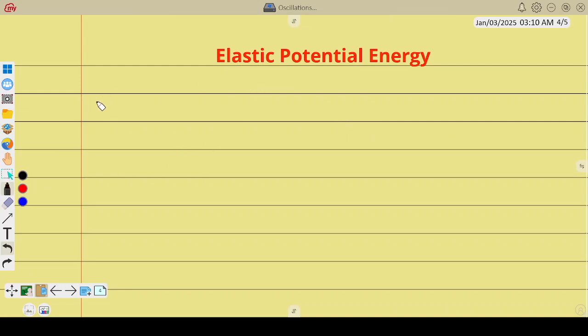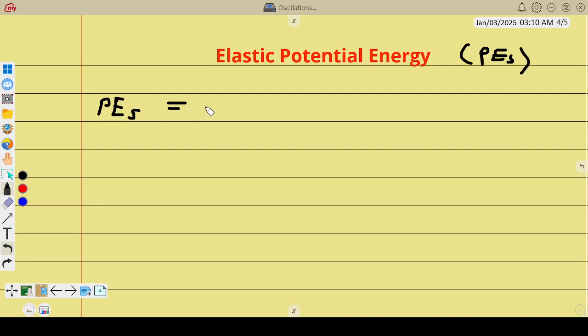So the symbol for elastic potential energy, we'll write it like this, PE, and then we put a small delta S. In the introductory lesson of the first video, I said this is potential energy that is elastic.